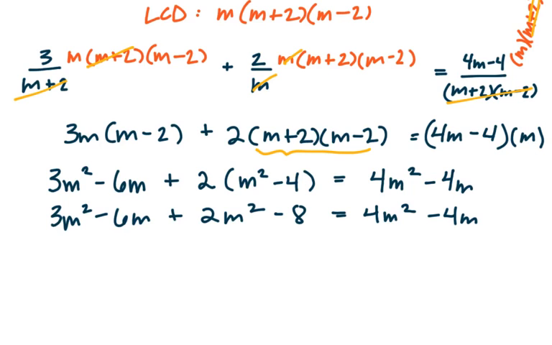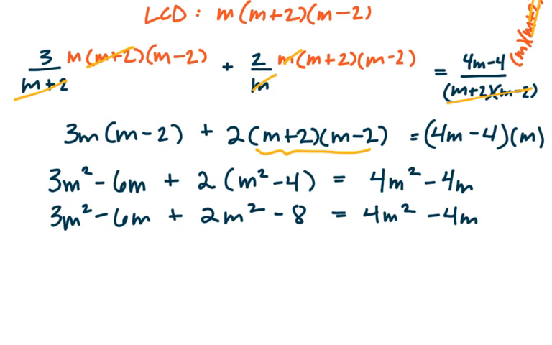And we have this equation, and we need to say, well, what kind of equation are we dealing with? Because we're still trying to solve it. And we started with something that was rational, but we've manipulated it to make it easier for us to deal with and easier for us to solve. And when we look and we notice that we've got some m squared terms, what that means to us is that it's quadratic.